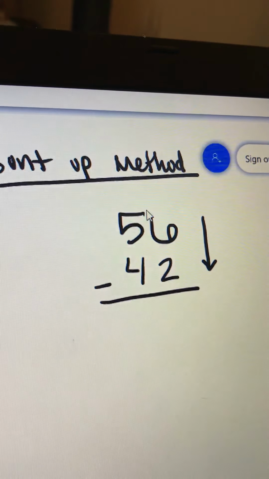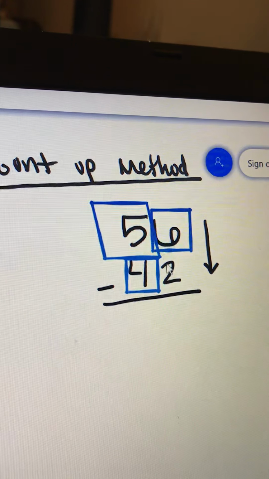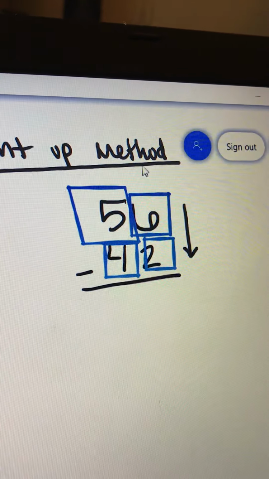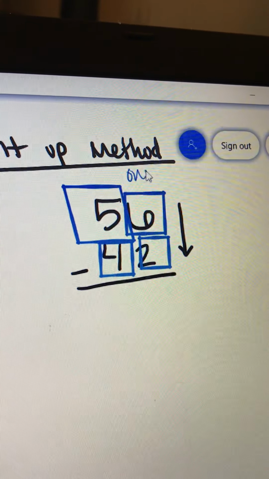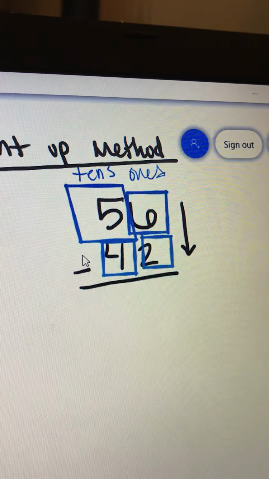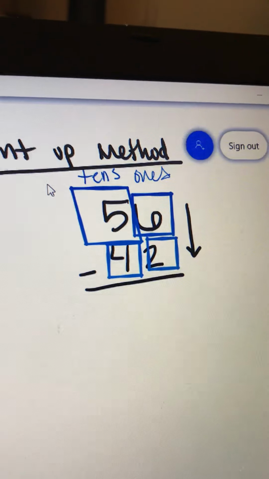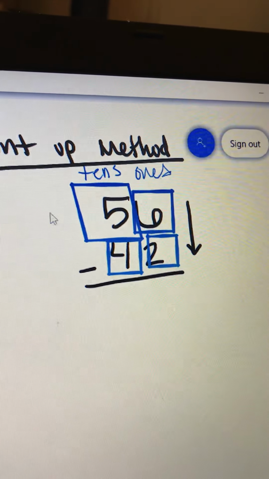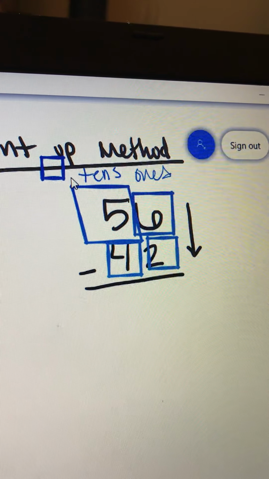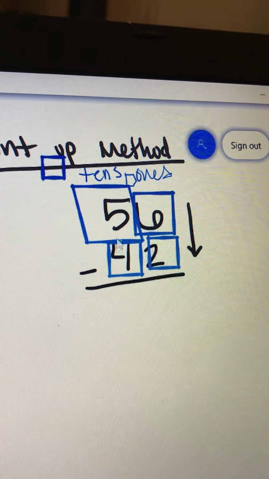There are place values in all of these areas, right? So this is the ones area, this is the tens area, and this is the hundreds area, but we don't have anything right there for right now, okay? If I had to borrow, I would have a little place for borrowing up here, okay? Or right over here, okay?